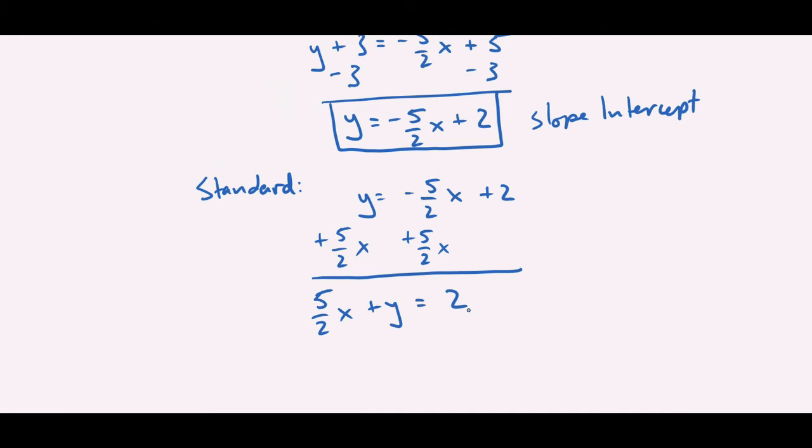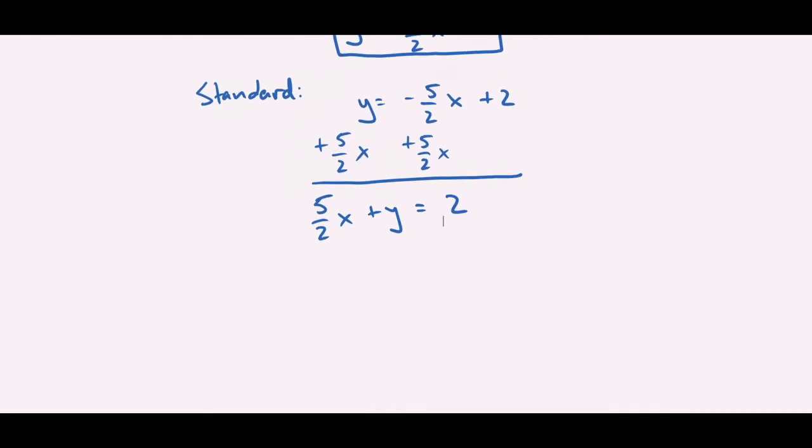Now we're just about in standard form. In standard form, we would prefer to have the x term positive, which it is, but I would also like no fractions. In this case, 5/2, in order to make that not be a fraction, we can multiply by the least common denominator on both sides.